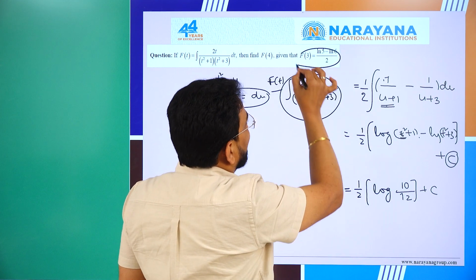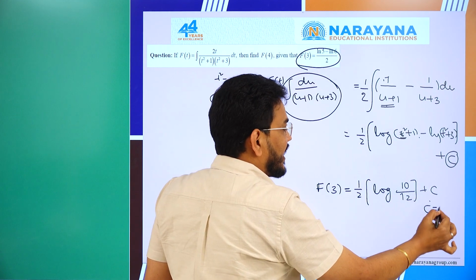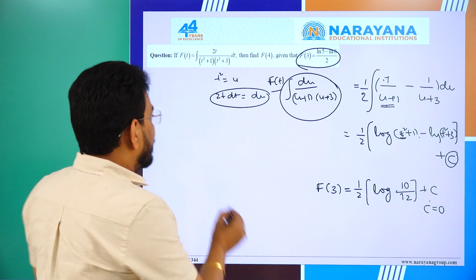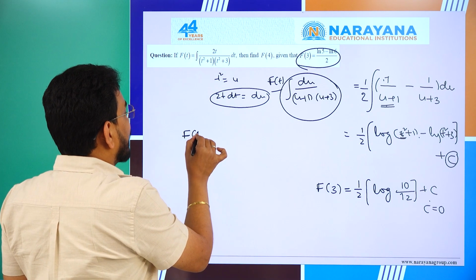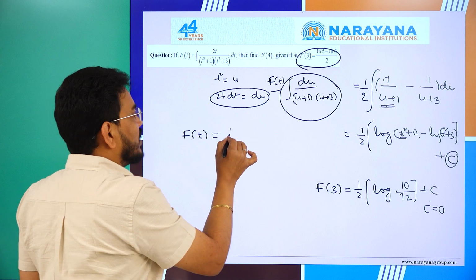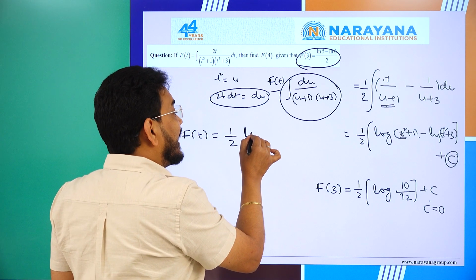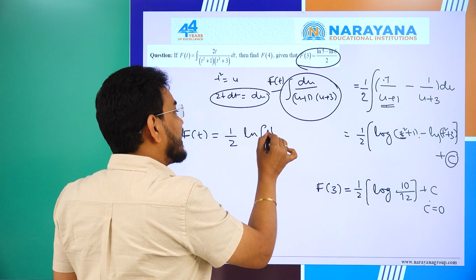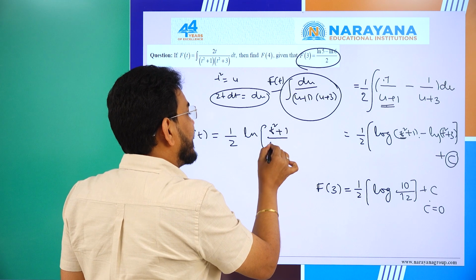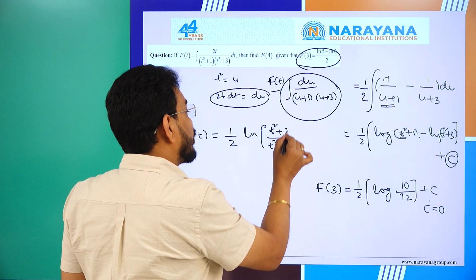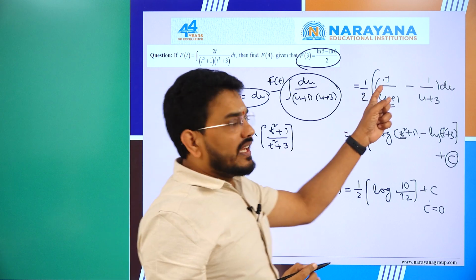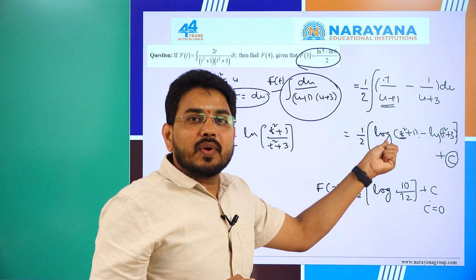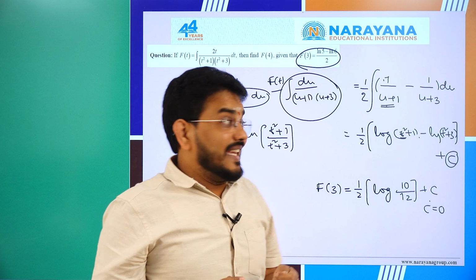This is what they have given. So clearly c value is 0. Therefore, I will write f of t is equal to 1 by 2 ln of t square plus 1 by t square plus 3. See, whenever indefinite integral, okay, so here log base e.